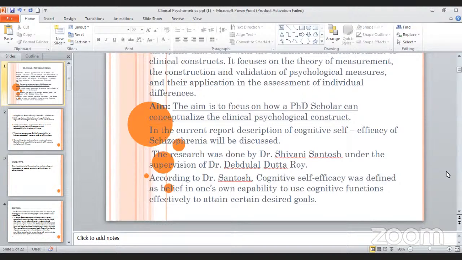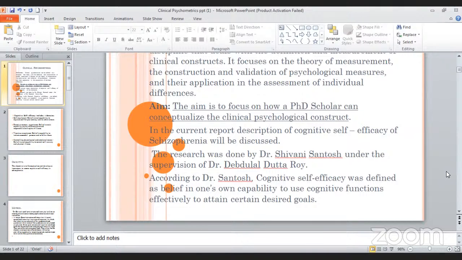It's not about judgment, it is about belief system. Cognitive self-efficacy was defined as belief in one's own capability to use cognitive functions effectively to attain certain desired goals.